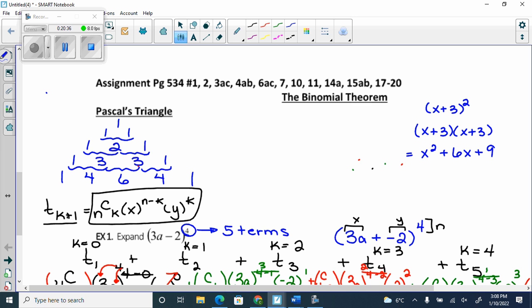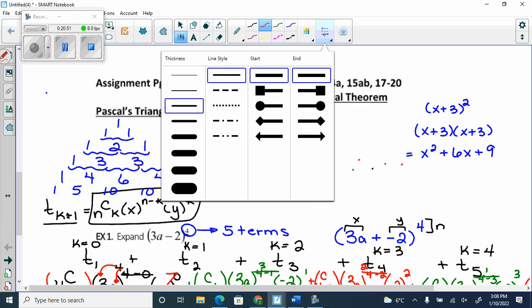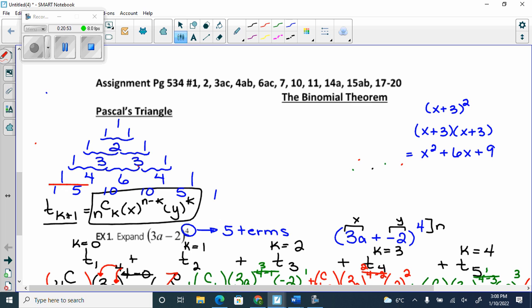Now you can see why I predicted that that middle one was probably a 6. Because I was actually using Pascal's triangle. It would keep going. This would be 1, 5, 10, 10, 5, 1. But the one I care about to show you with this one down here is this row here.